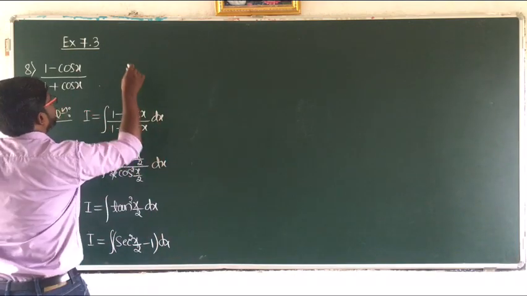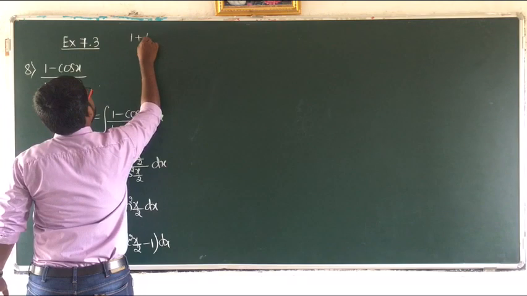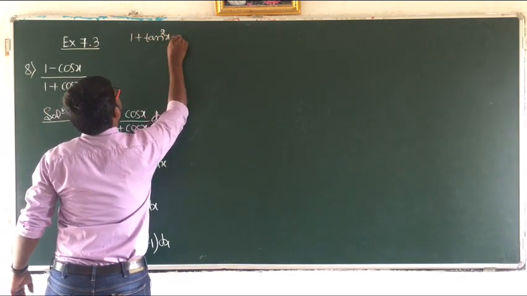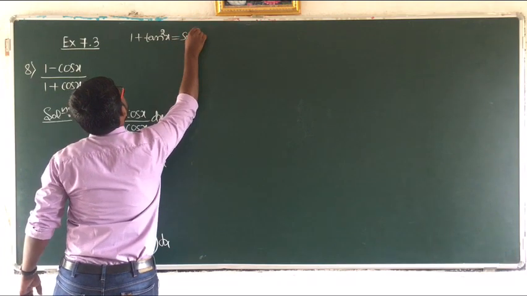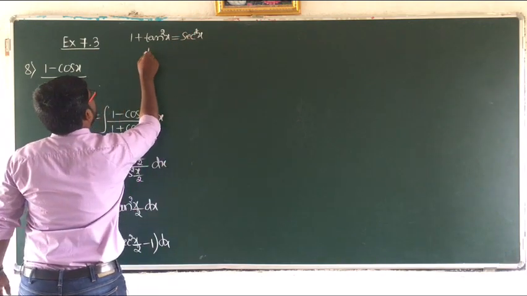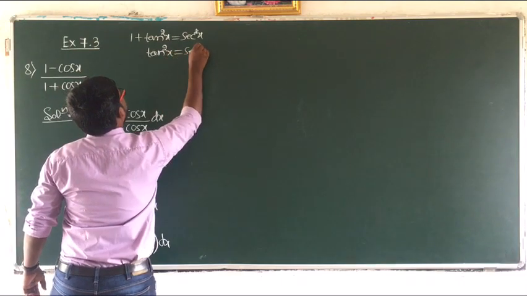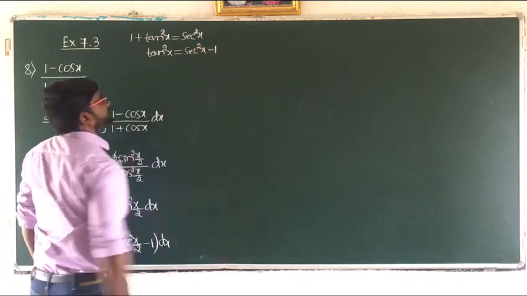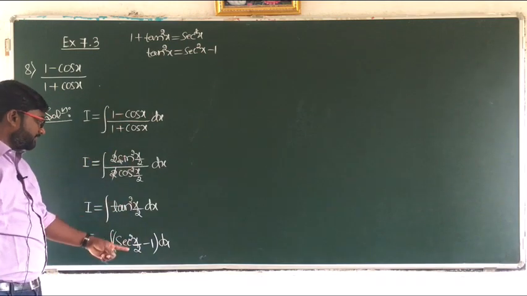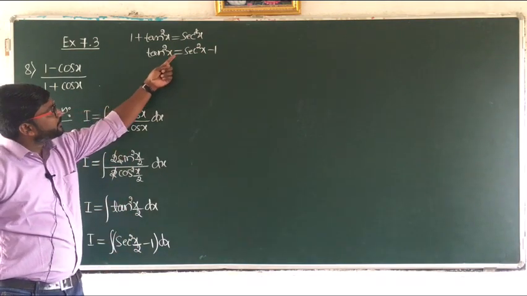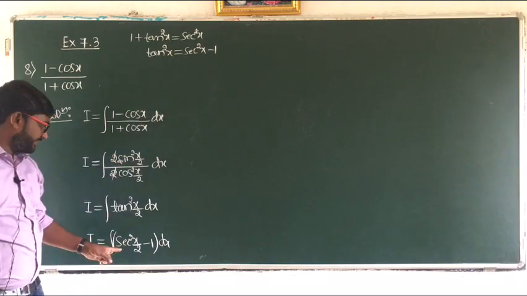So from the standard identity, 1 plus tan square x is equals to secant square x. So now tan square x will be secant square x minus 1. So here the angle is x by 2, half angle. That is why tan square x by 2 equal to secant square x by 2 minus 1. That is what I have written.